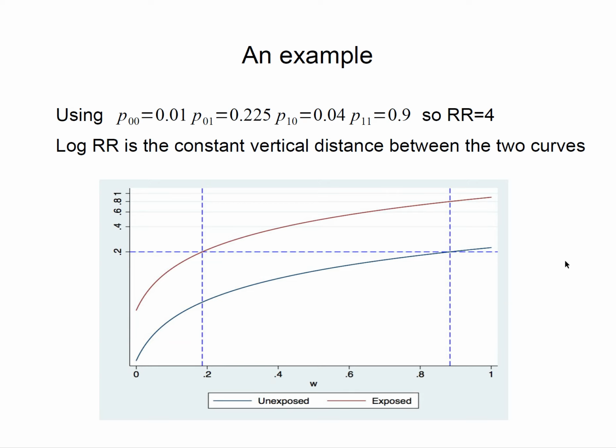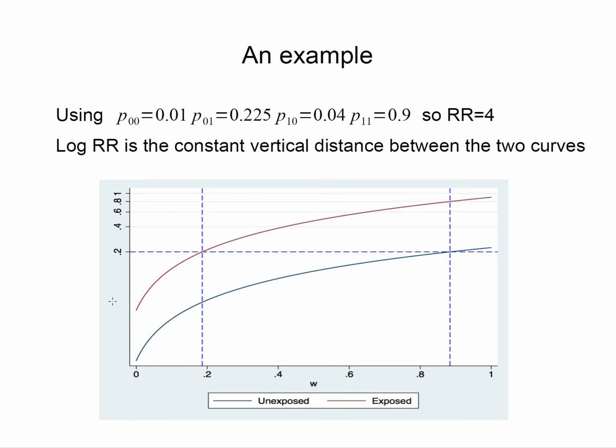And as a very brief example, we can see that if we choose some probabilities judiciously here so that we get an assumed common risk ratio of 4, then if you take a look at the case where we're in strata 0, this vertical distance is the log of 4, and for strata 1 this vertical distance is again the log of 4.